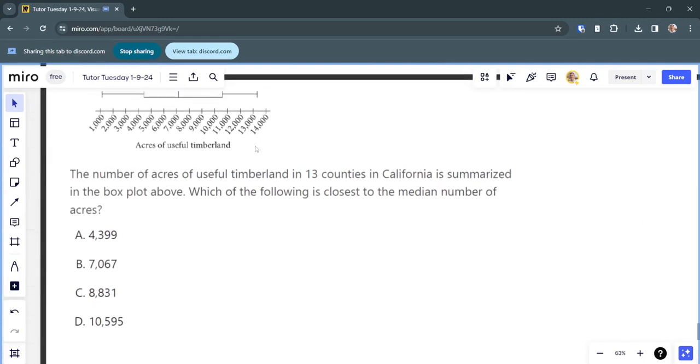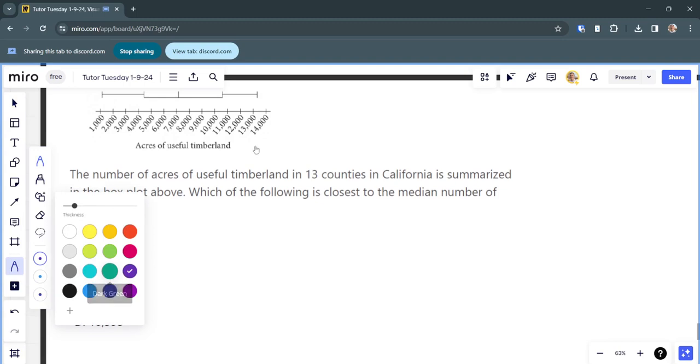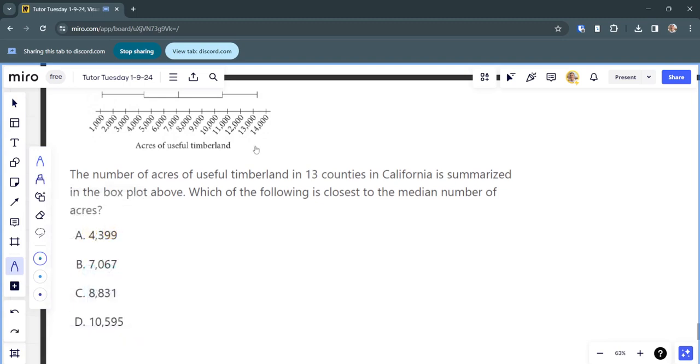Nice. Okay, so this one is a box plot. Are you guys familiar with box plots? They come up somewhat infrequently, but they do come up. It's asking for the closest to the median number of acres. Box and whiskers. Yeah.